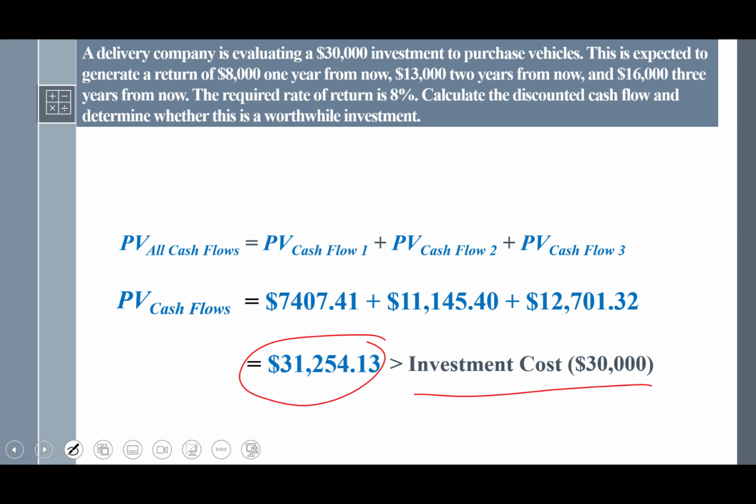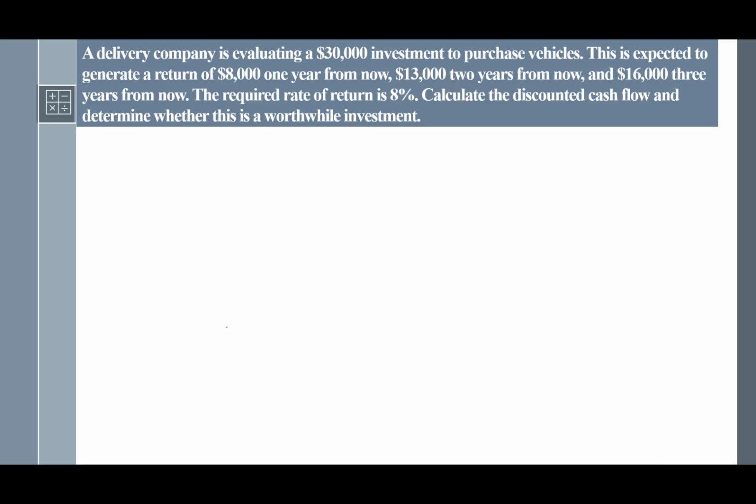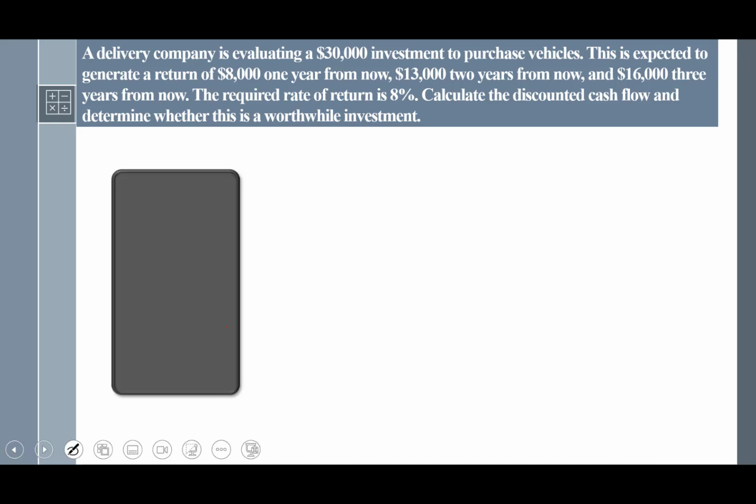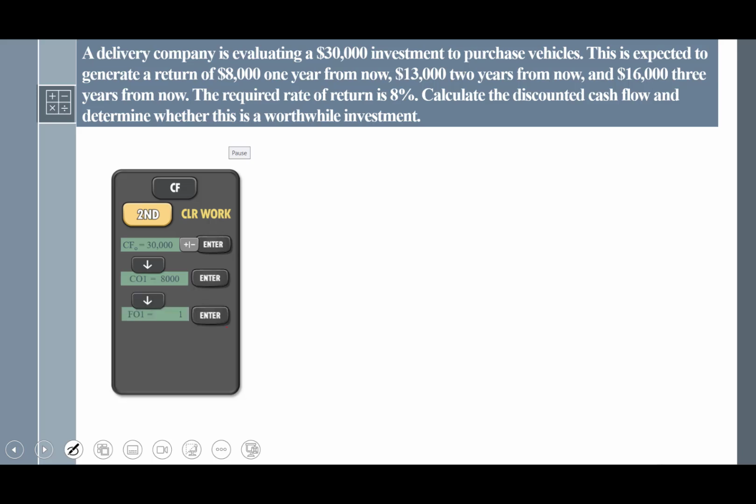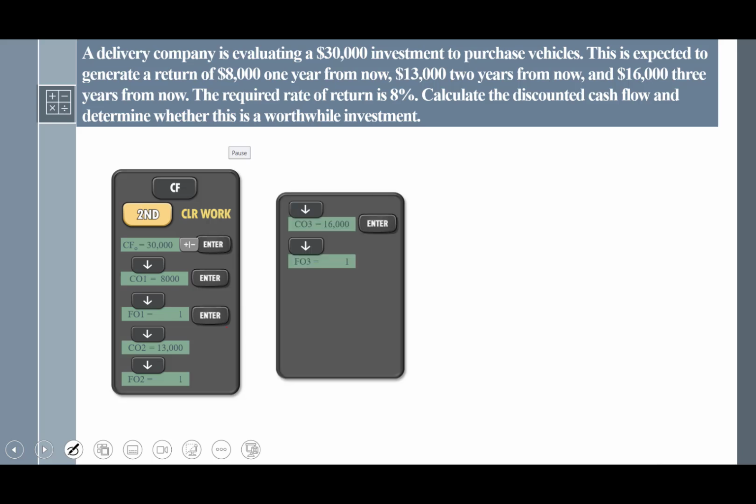But let's grab our calculator. So in the calculator, this is what we have to enter. Of course, we have to clear work, enter the initial investment, 30,000 negative because it's outflow. Enter the first inflow, frequency 1, second inflow, frequency 1, third inflow, frequency 1. Going to the NPV, entering the interest rate, and this should give me the net present value.